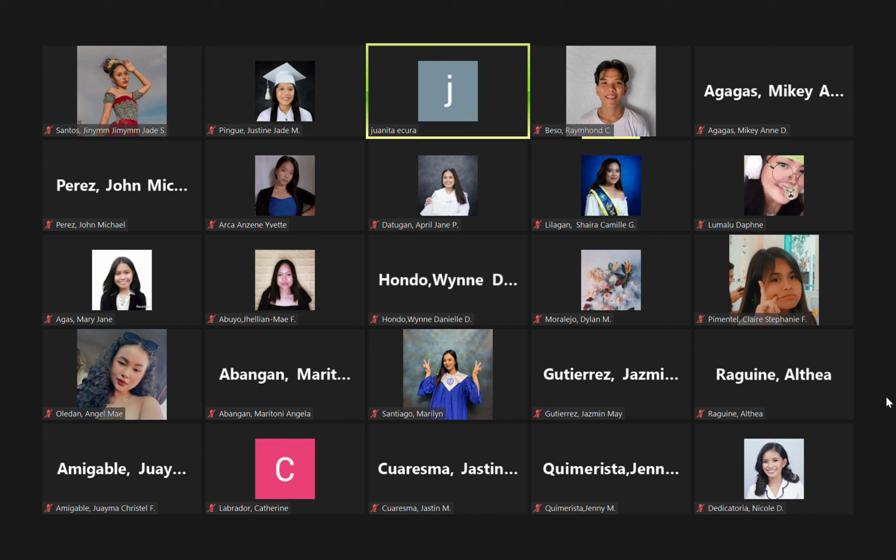Si S, so that would be 180 divided by 580 times 200,000. 62,069. And si T, 150 divided by 580 times 200,000, 51,724. Tingnan natin kung tatama ang total.